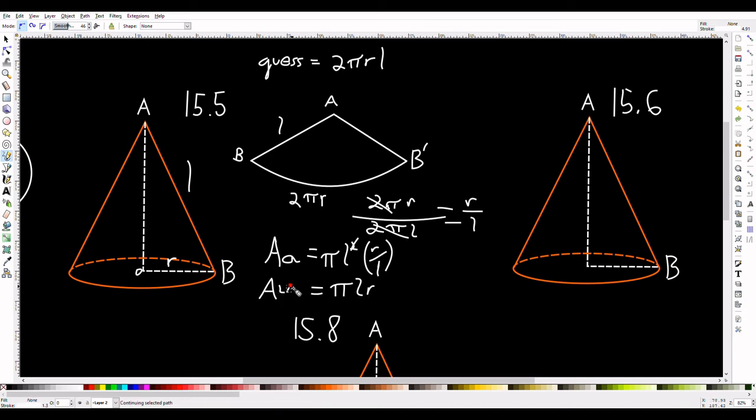That's our lateral surface area for a cone.